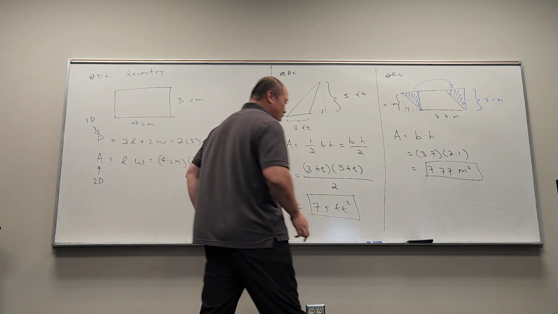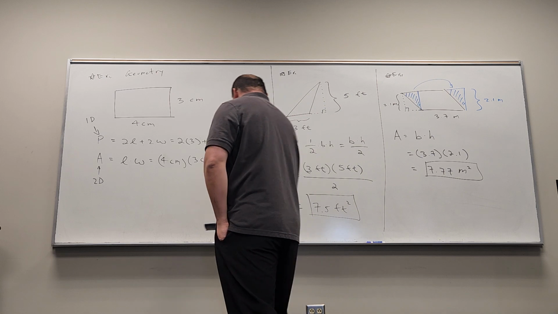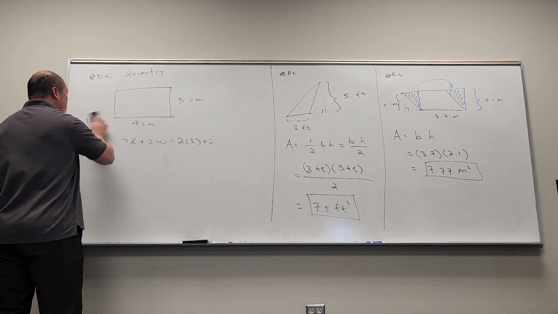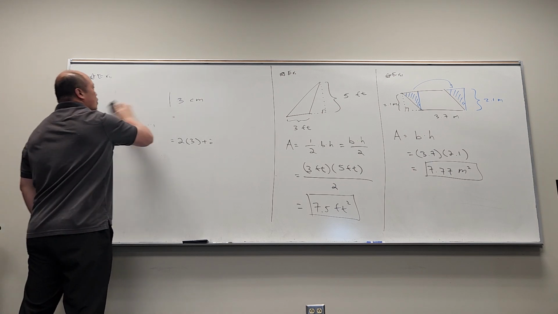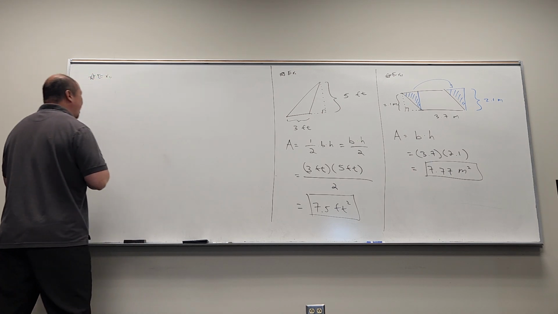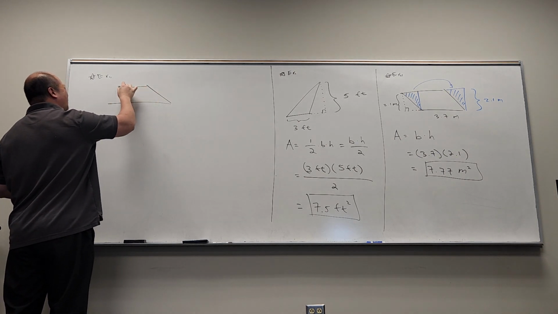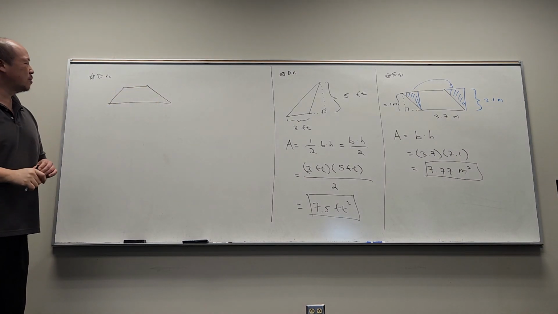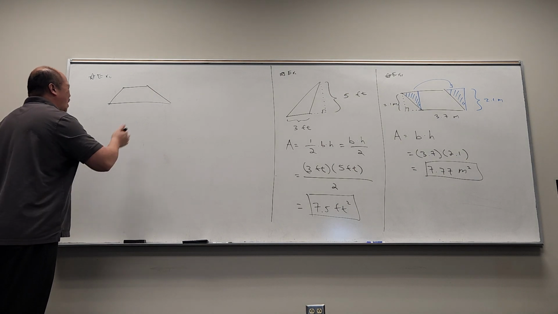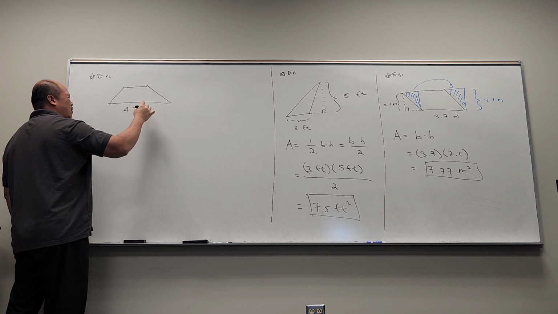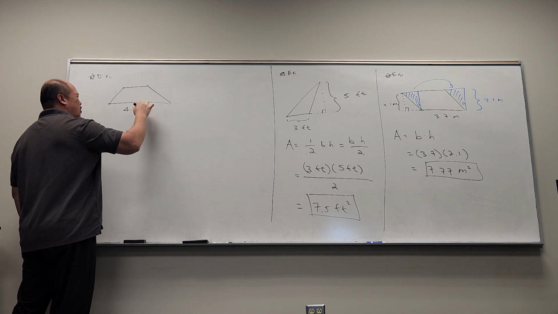So now, what about the next guy? It's just weird. A trapezoid. So let's say the bottom is 47 inches, right?